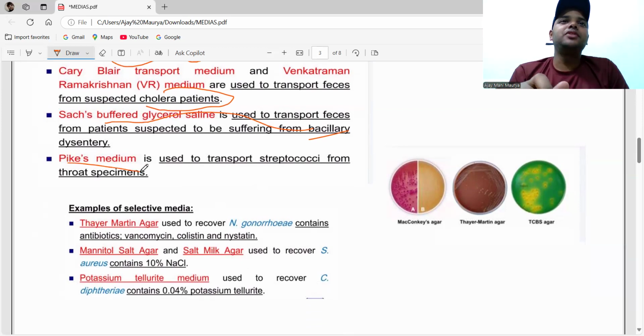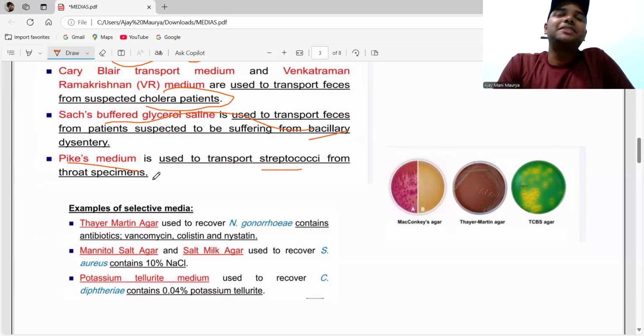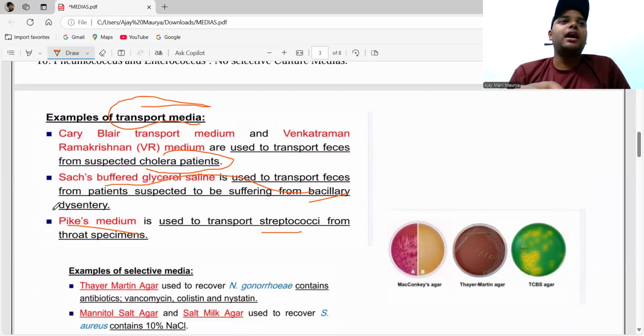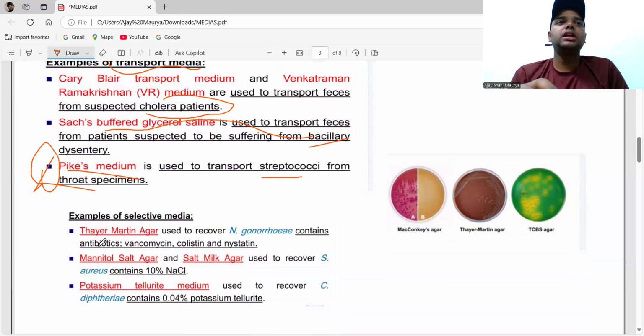The Pike's media is used as a transport media for streptococci from throat specimens. Please don't forget this. This one already came in the exam, that's why I remember it very much.